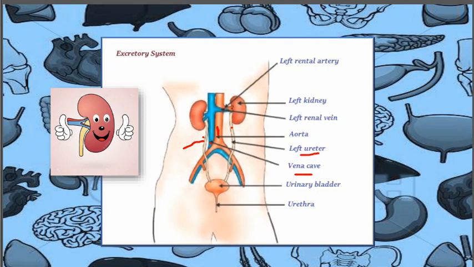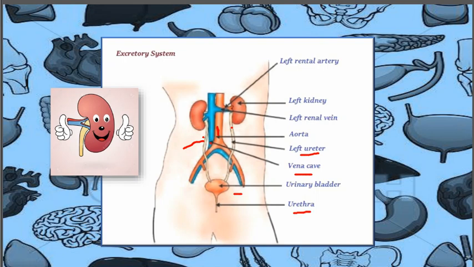And here you can see the urinary bladder, where the urine enters through the ureters. And this is the last part, the urethra.